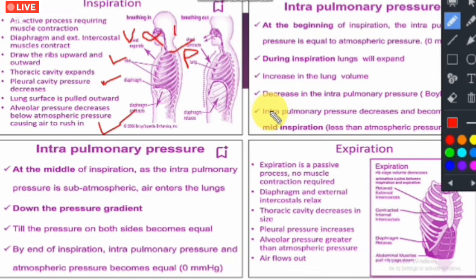You don't guess in medicine. Do not appear before any external examiner and say this. You will fail. Guessing is not allowed in medicine. So tell us what you know during expiration.